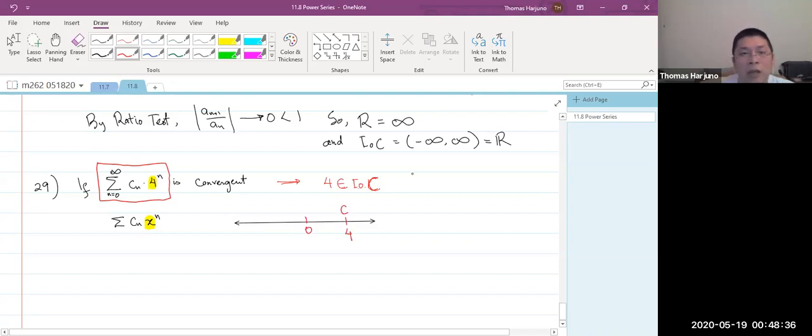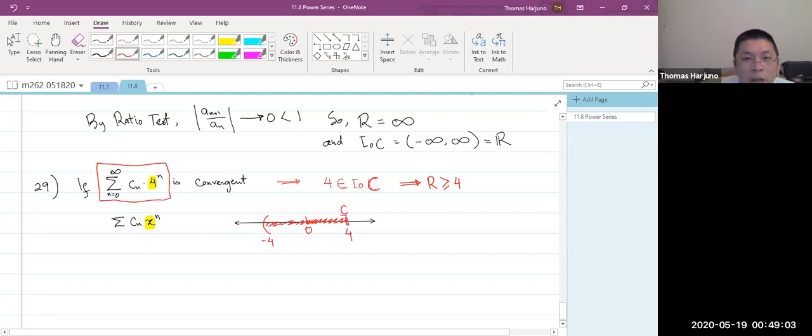It implies the radius of convergence is at least 4, right? It's at least 4, maybe more. Now it means everything between 0 to 4 and 0 to -4, not including the endpoints, though, we don't know about the endpoints.